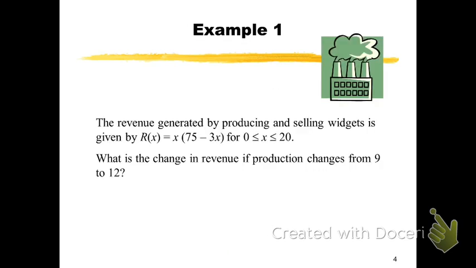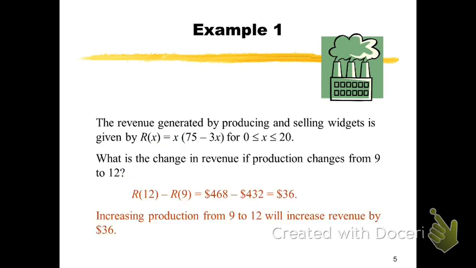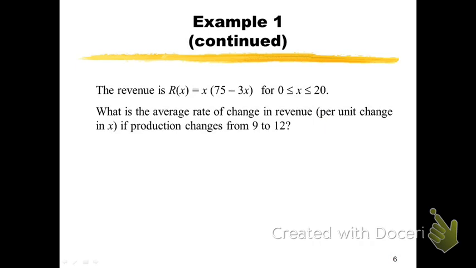This is similar to the example we did in class, but slightly different. We're trying to produce some widgets, and the revenue generated is given by this expression here. It's true when I have between 0 and 20 widgets. I want to know the production change from 9 to 12.